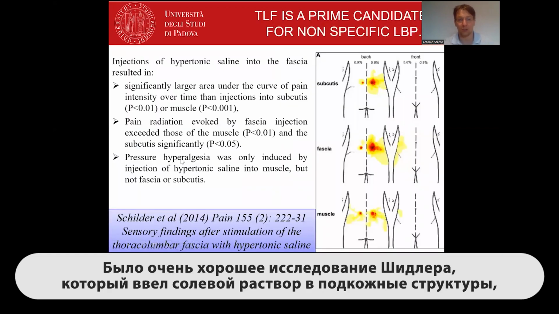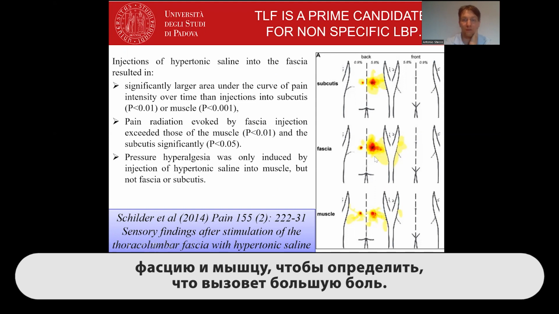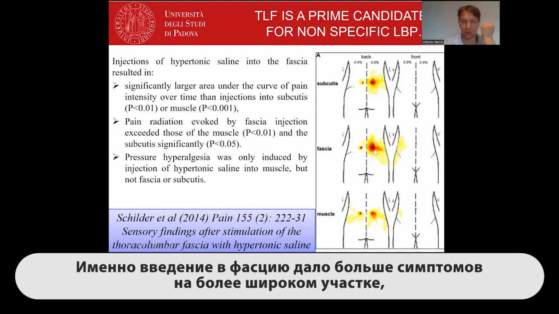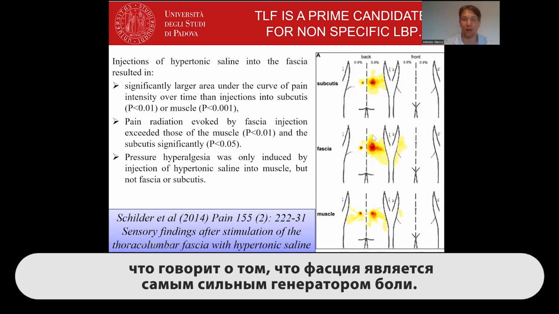And this was a very good study from Schleip. They said, let's try to inject saline in the subcutis, in the fascia, in the muscle, and check which one generates more pain. And the patient described the injection of saline in the fascia as the one with more symptoms, spreading over a wide area. So that means that every subject has a lumbar fascia really well innervated that can be a pain generator.